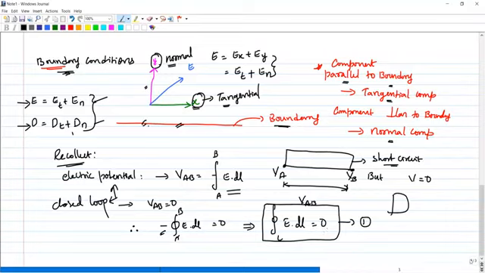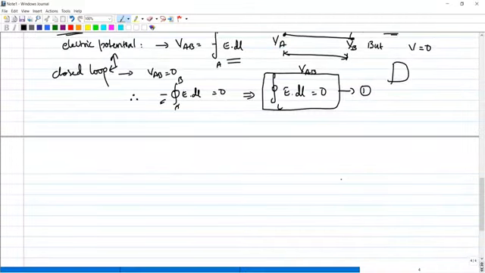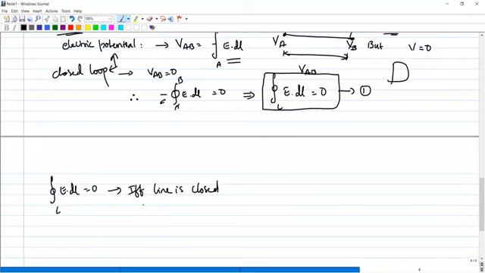So how is this value becoming 0? Only when the line is closed. You can write the closed line integral of E dot dl equal to 0 if and only if the line is closed. Otherwise you cannot write this value as 0.